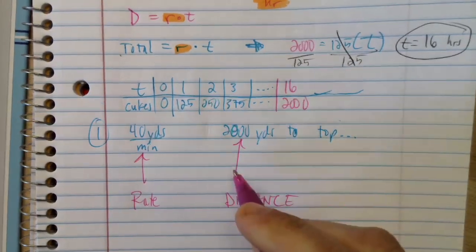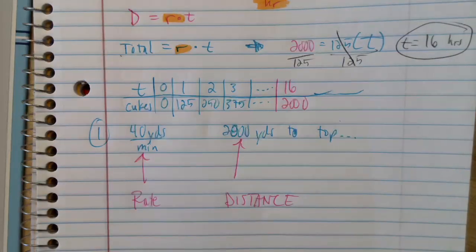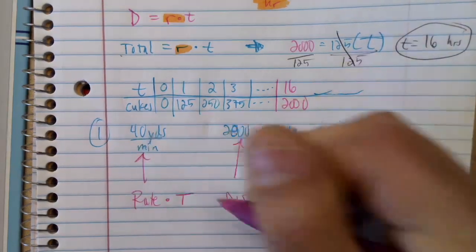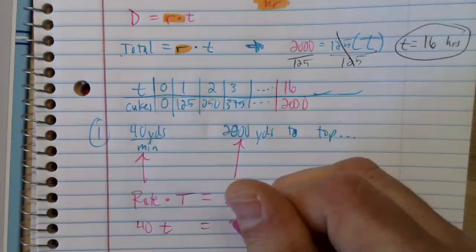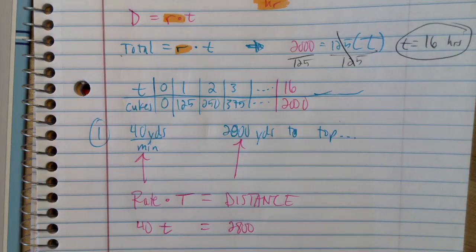So that's our distance. That's our rate. What's missing? Look at the question. How long would it take? Time is what's missing. So rate times time equals distance. Look, guys, 40t equals 2,800.